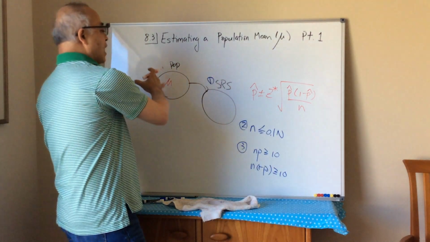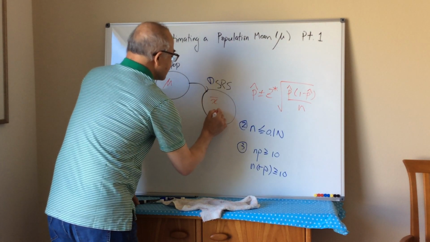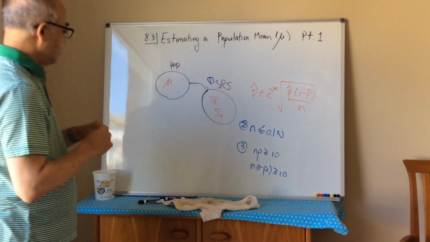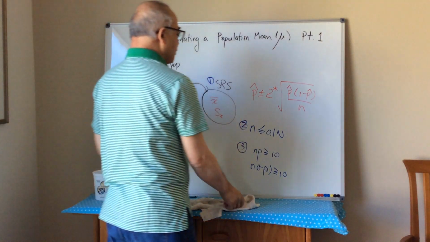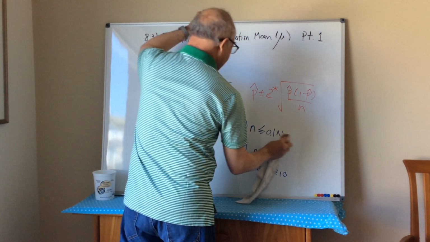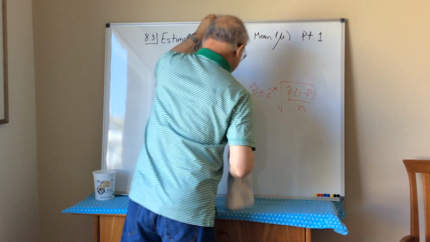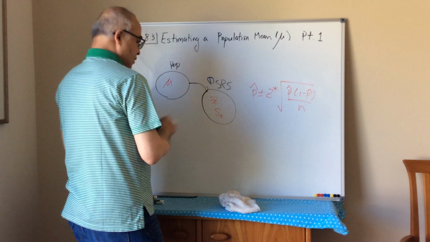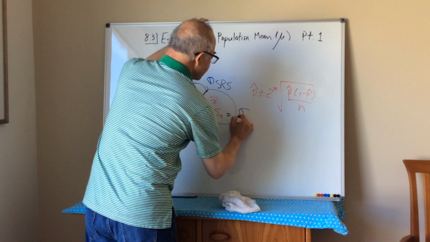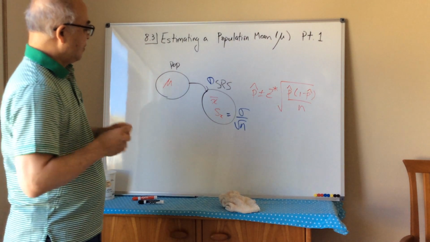When we do the random sample, we're going to get an x bar, and we're also going to get a standard deviation associated with that. If you remember correctly, back when we were talking about the mean, we said that the standard deviation of the sample was this, which is simple.